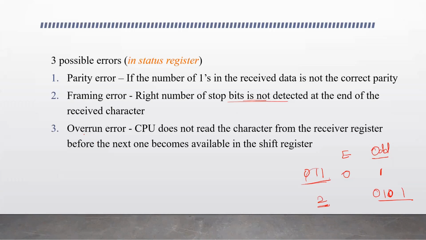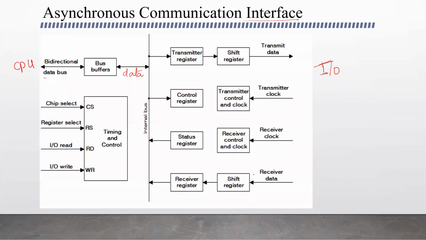And overrun error. What is this? Overrun error is when the CPU does not read the character from the receiver register before the next one becomes available in the shift register. When the receiver register is full, there is data that needs to be read by the CPU. The status flag indicates that it is full, so the CPU needs to read it so that when the next data is available in the shift register, it can be transmitted to the receiver register.